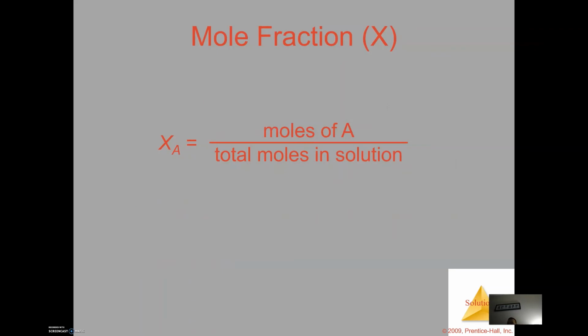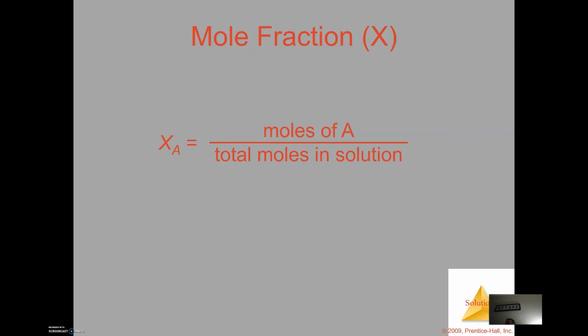So moving on with concentration, we have mole fraction. Mole fraction is the moles of A divided by the total moles. Now, if you know the mass, you're going to need to make sure you convert your grams into moles first, using the roadmap that we just talked about in the previous slide.